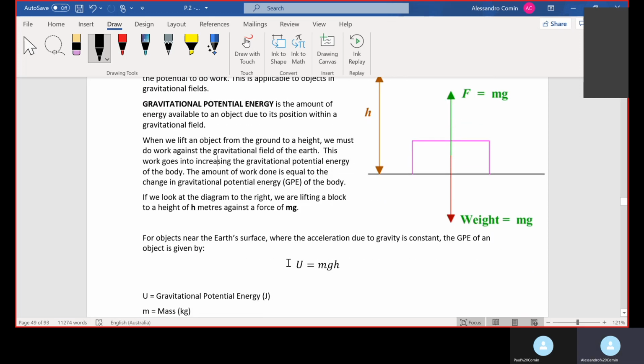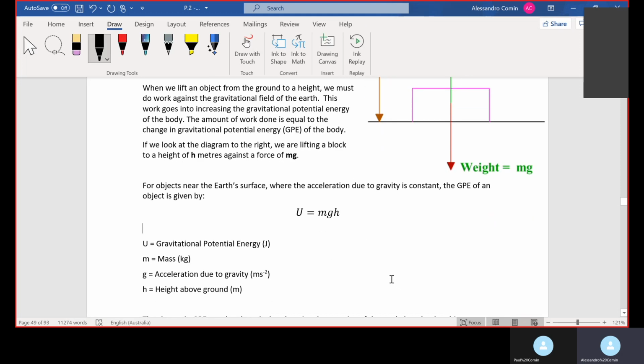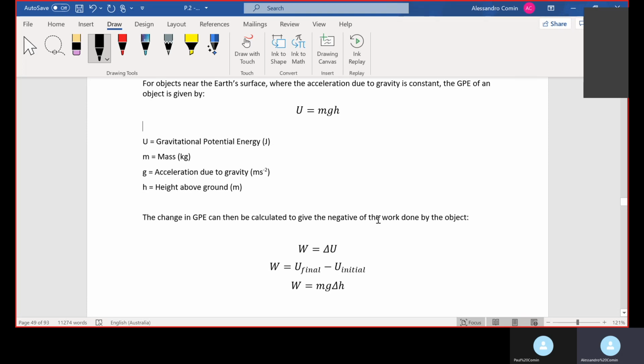The gravitational potential energy is given as U = mgh, where h is the height above the ground. And as we can see, we have our work expression for delta U, mg(hf - hi).